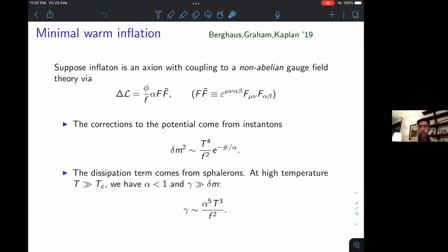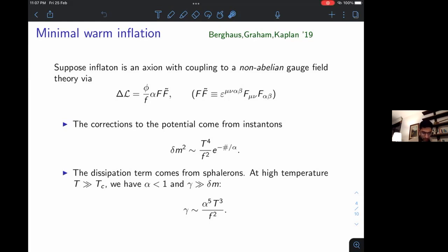However, if we are at finite temperature, large compared to the critical temperature of this non-abelian gauge field theory, then the friction term is only power suppressed in the coupling parameter. Therefore, we can get a large friction while having a small correction to the potential.